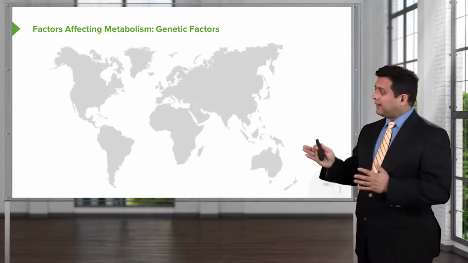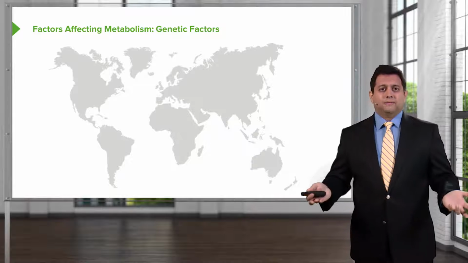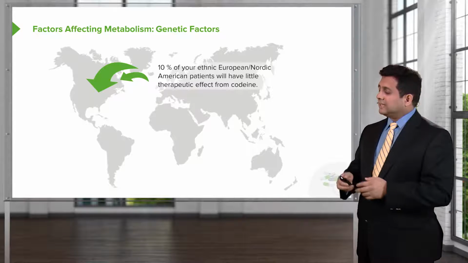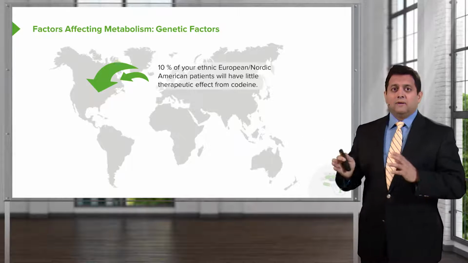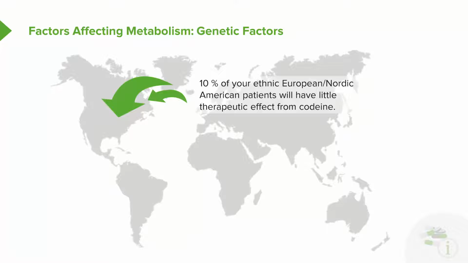So genetic factors that we talked about earlier with our plants are going to affect how we metabolize drugs. A really good example is patients who immigrate to the United States from ethnic Northern European countries. 10% of your ethnic European, Nordic American patients will have little therapeutic effect from codeine.